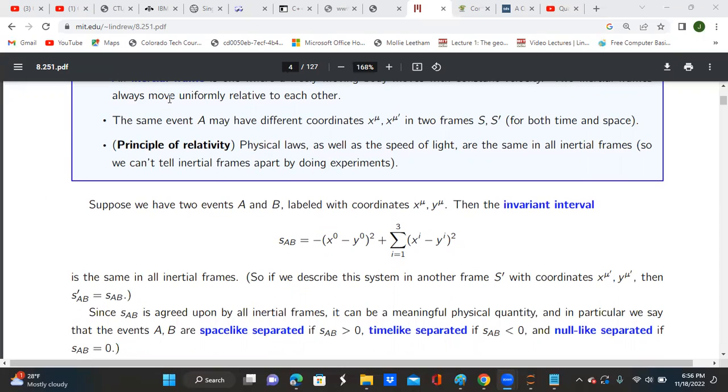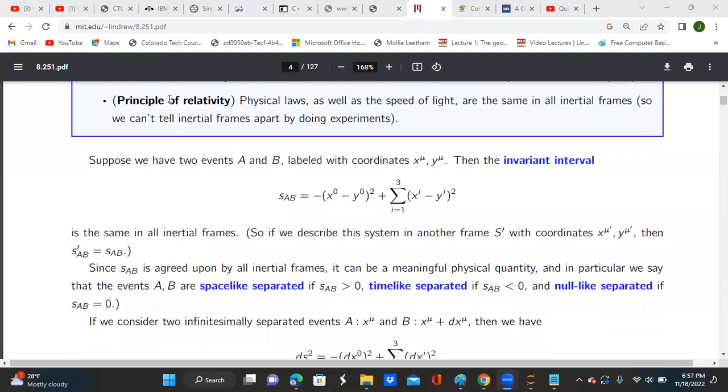The principle of relativity: physical laws, as well as the speed of light, are all the same in all inertial frames, so we can't tell inertial frames apart by doing experiments. Suppose we have two events, A and B, labeled with coordinates x^μ and y^μ. Then the invariant interval S_AB, equal to negative (x^0 − y^0)^2 plus the summation from i = 1 to 3 of (x^i − y^i)^2, is the same in all inertial frames.